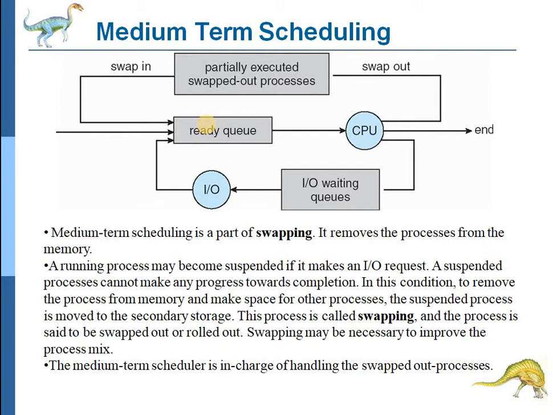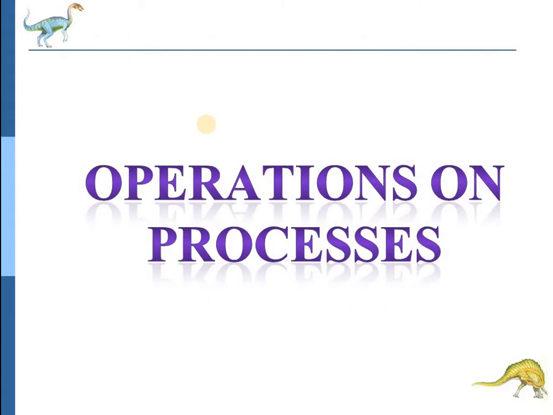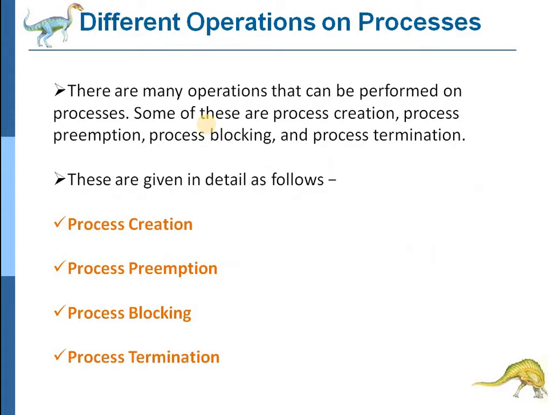Today we are going to learn the different operations on the processes. The processes in the system can execute concurrently and different operations can be performed on them. A process can be created and terminated dynamically.